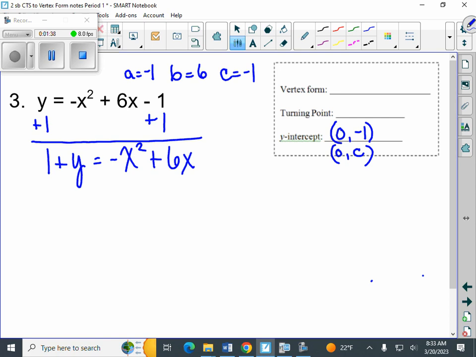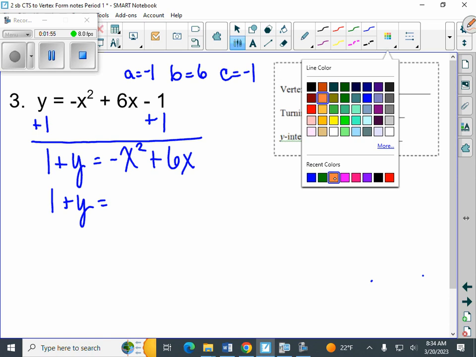So our step 2, if you look back at the directions on page 7, says factor out that coefficient, the number in front of the x squared term. So we still have our 1 plus y over here on the left side, but we're going to factor out that negative 1.